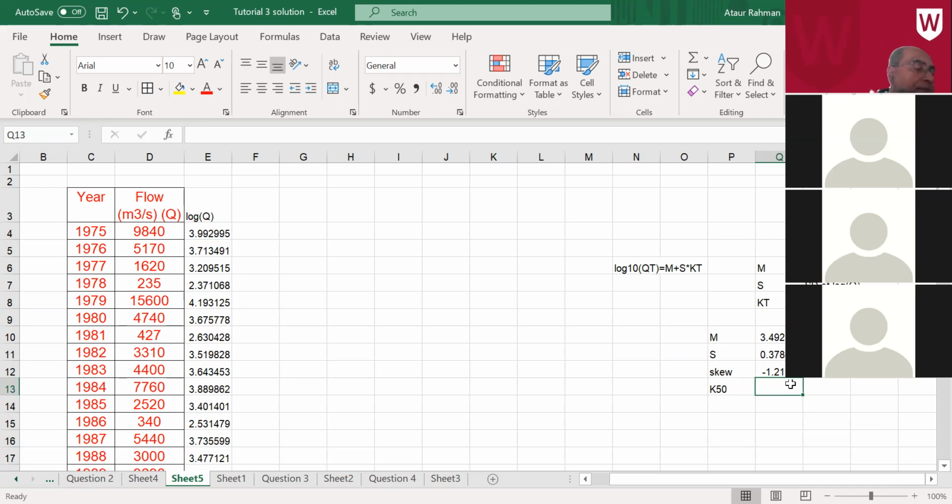For this skew, we have to find out, so write down this skew in your book, minus 1.21022. That is the skew of the data. We have to find out our K frequency factor for 50 year and frequency factor for 100 year for this skew.